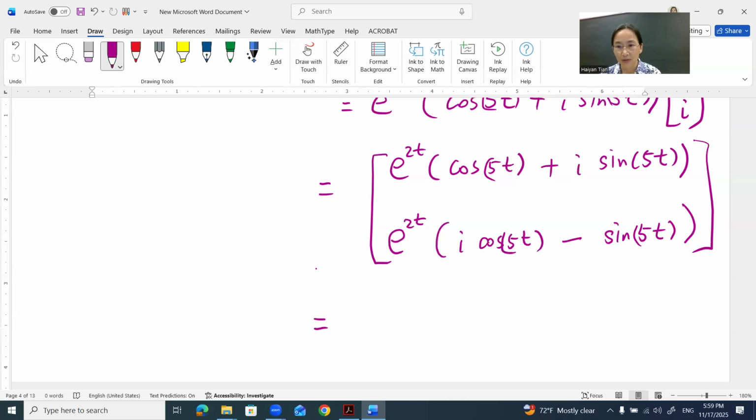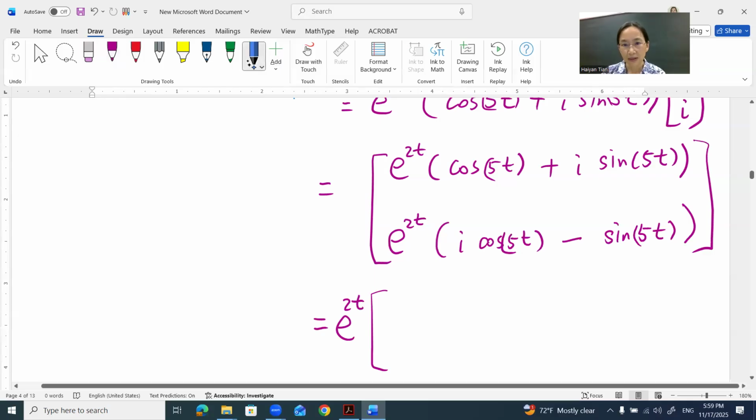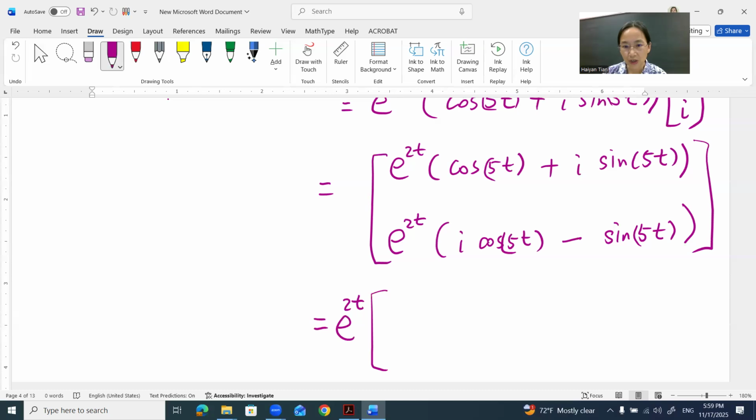Yes, we can. So the real part clearly is e to the 2t, right? We can take it out, because it is in every term, so we can simply put e to the 2t here. And then the real part is clear. So let's put it here, which is cosine 5t, negative sine 5t.